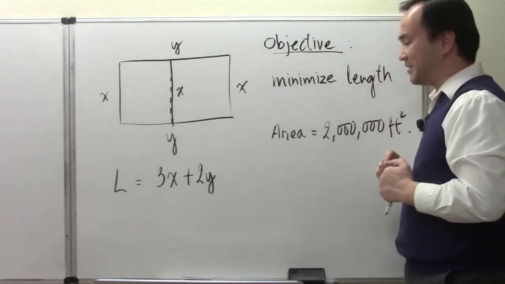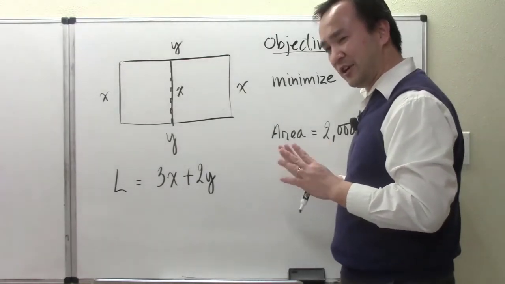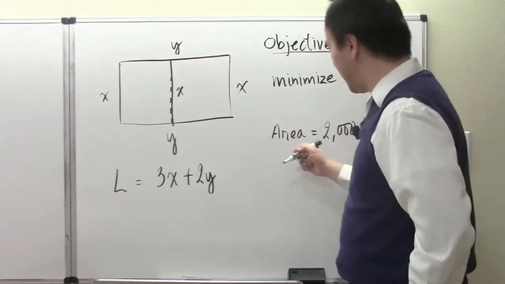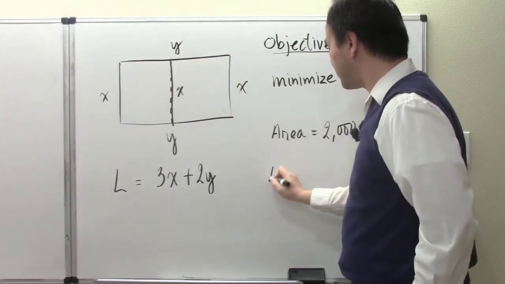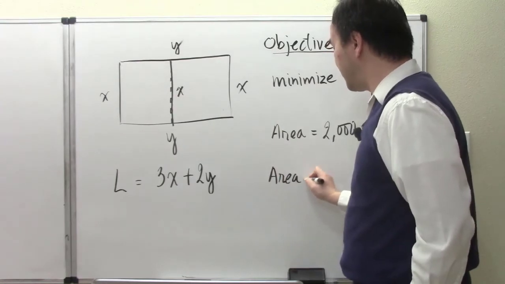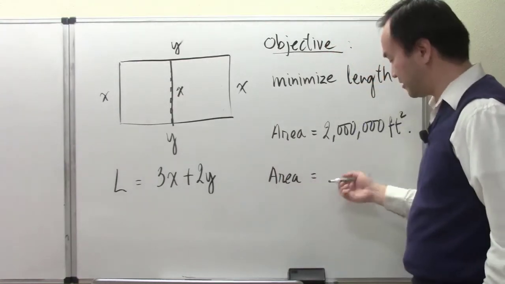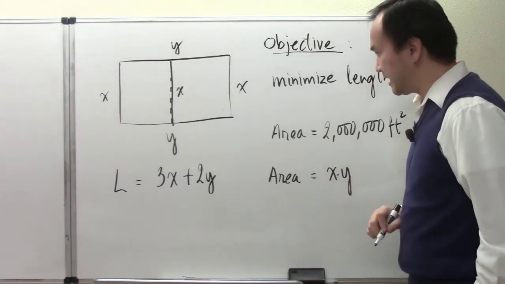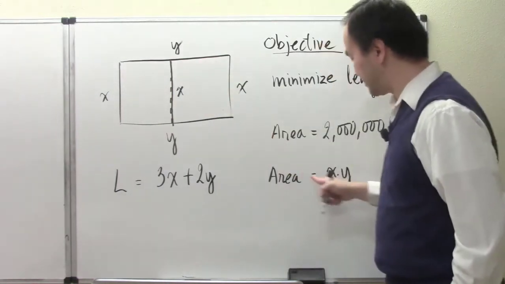Okay, and that's the idea right there. And so now, as I start using that term maintain, area in this picture is the area of any rectangular figure, length times width, x times y. Okay, x times y. So in my picture it's x times y.